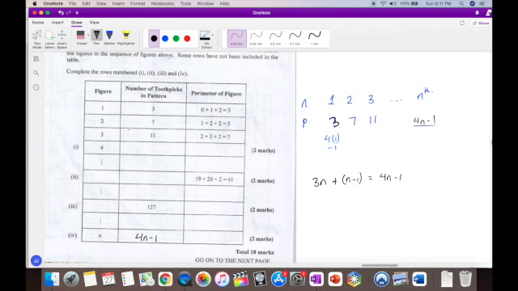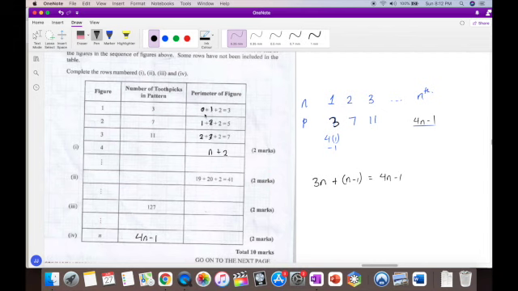And now let's take a look at this sequence over here. We can see that they already started to give us some clues. And let's look for n. We can see n here, 1, 2, 3. So whatever it is, it's going to be n plus 2. And look at this, this one here is 1 less than n, isn't it?